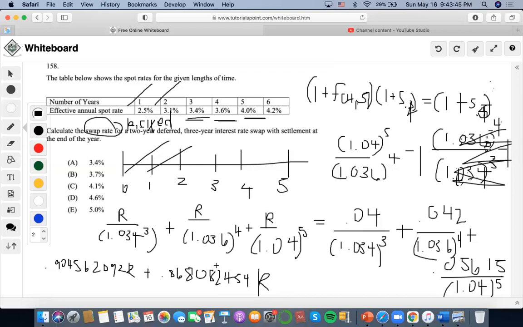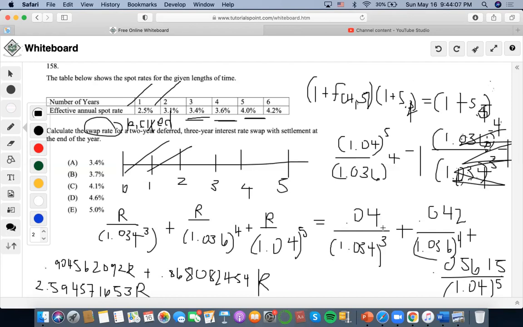So this whole part is going to be 2.594571653 R.